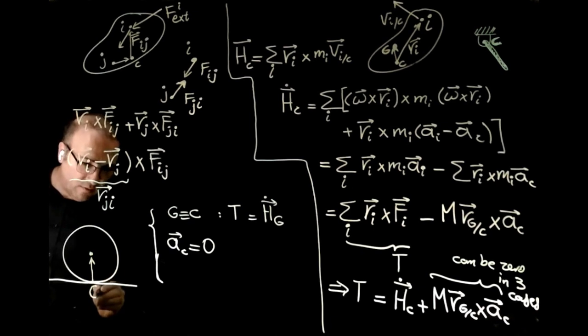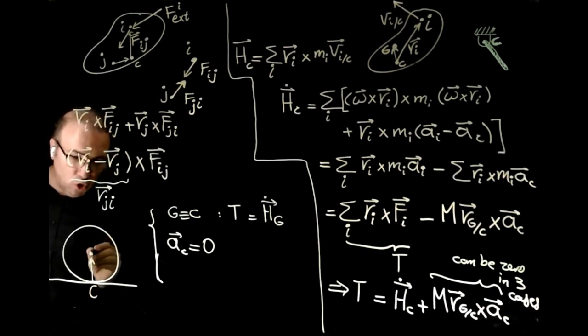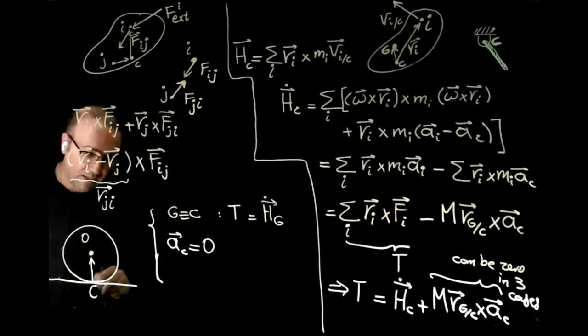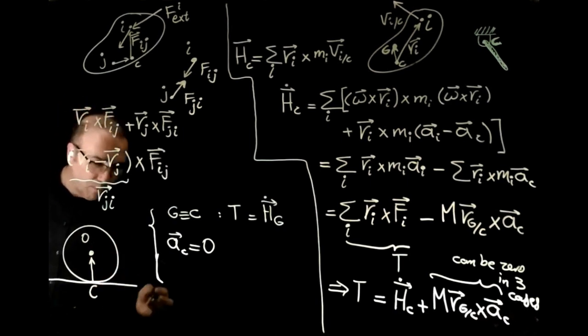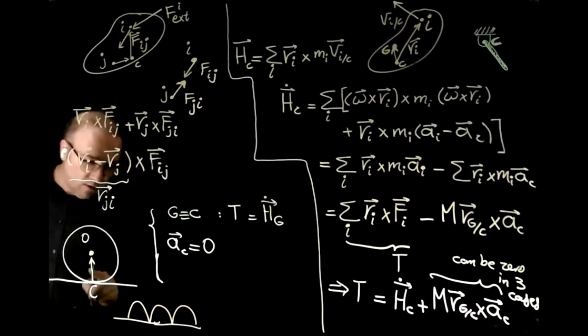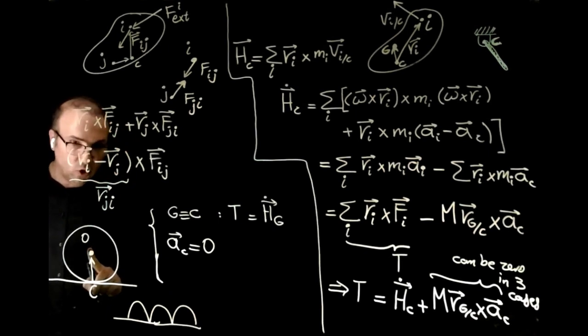So this is point C, and this is, let's say, the geometric center. Let's call it O, all right? If the geometric center is the same as the center of mass, because the acceleration is toward the geometric center, again, when we have a disk that rolls without slipping, then the acceleration of this point, if you think about it, the motion of that point is something like that. So the acceleration is toward that center.